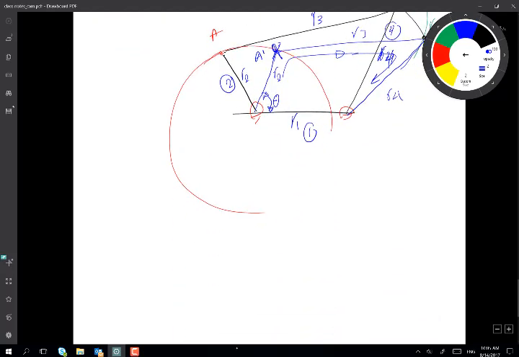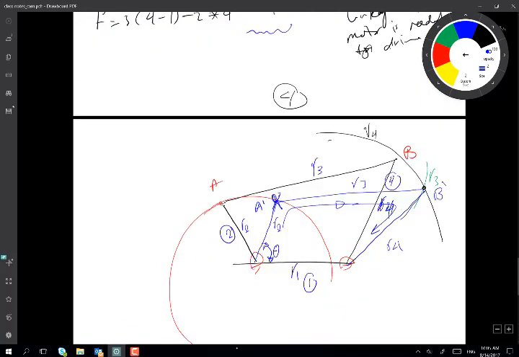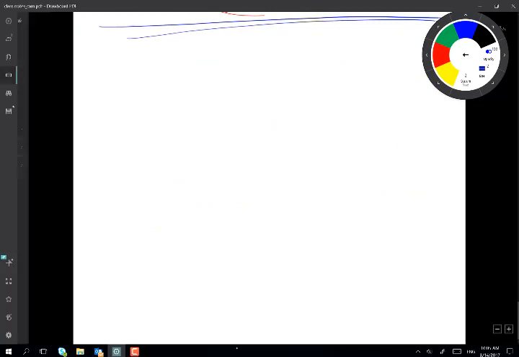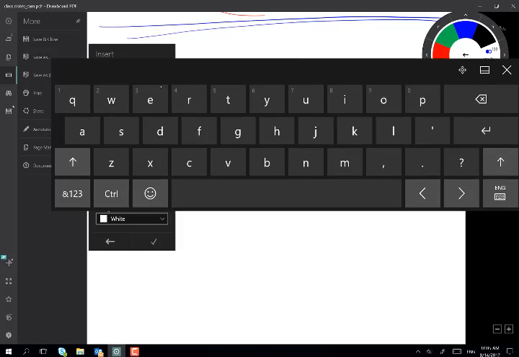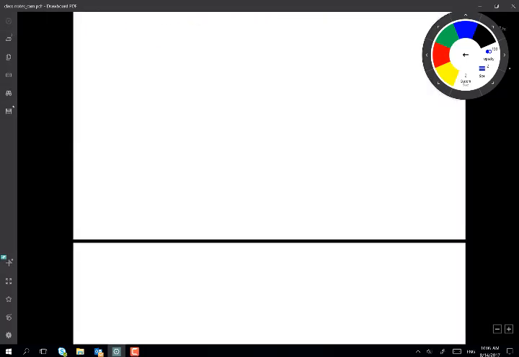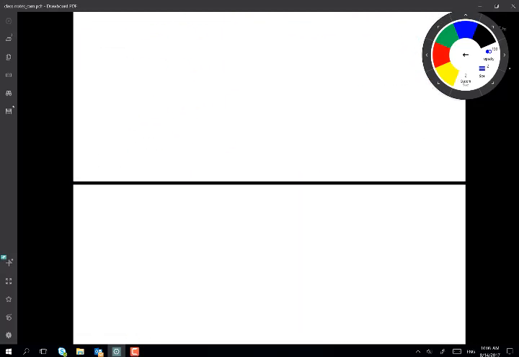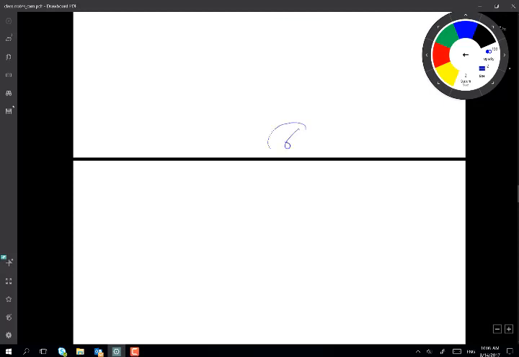Again, if I go back to the same analysis I did before, I'll just insert a couple of pages. This was page 5, page 6, page 7.